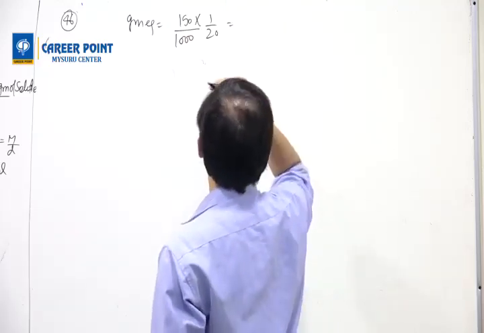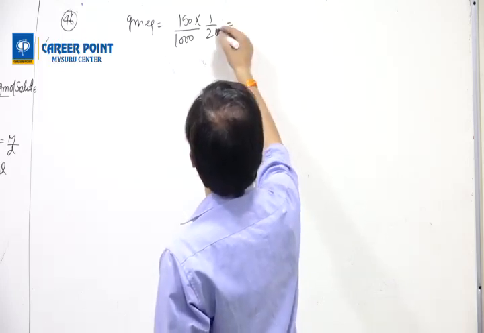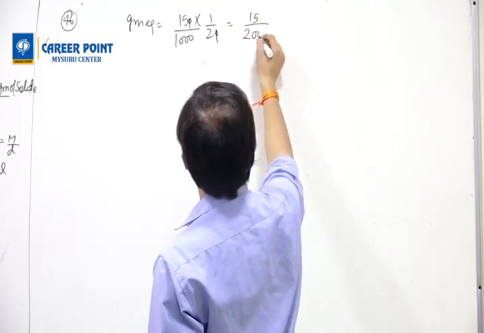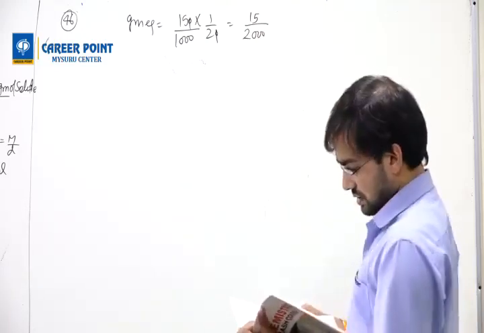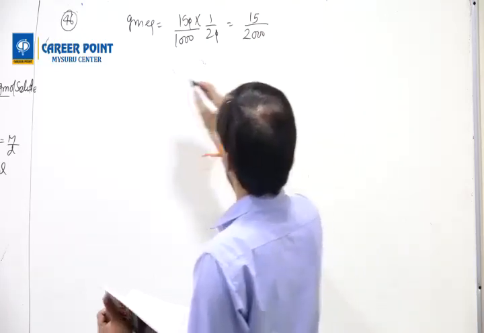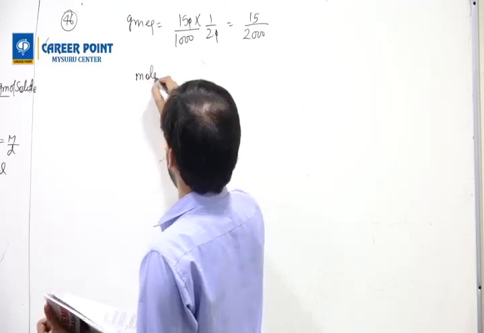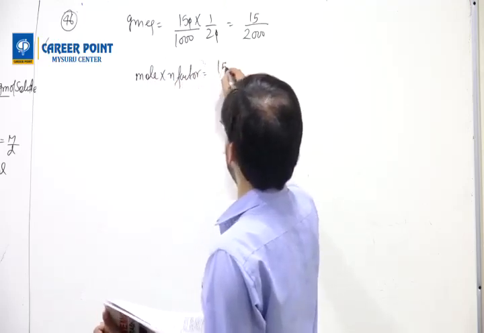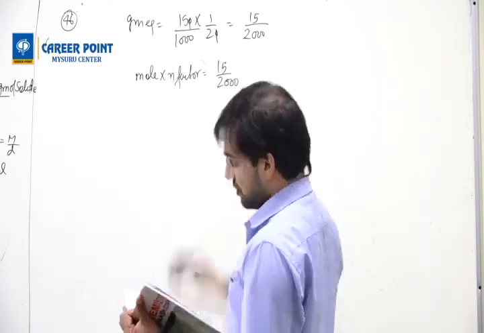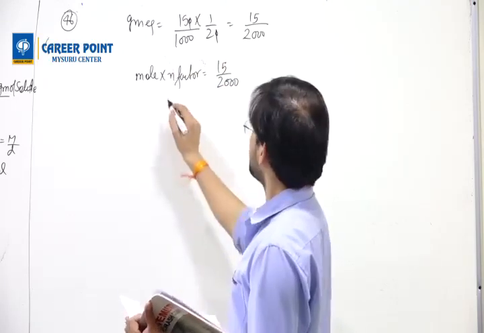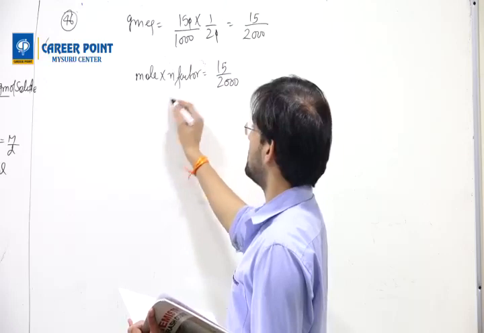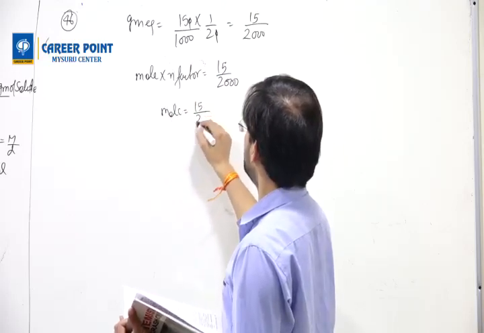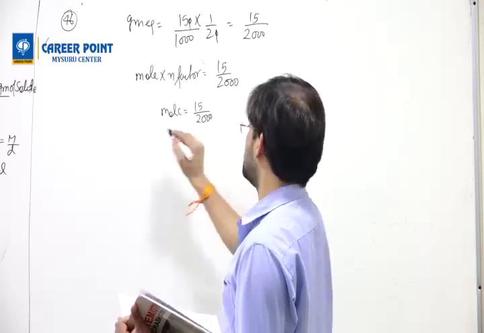So when you solve this, 0 0 will get cancelled. 15 by 2000. This is gram equivalent. Then you will find, instead of gram equivalent, moles into n factor equals to 15 by 2000. And then n factor of HCl is 1. So moles equals to 15 by 2000.